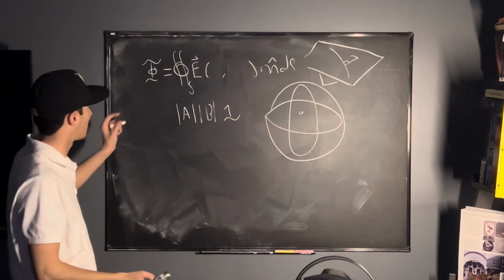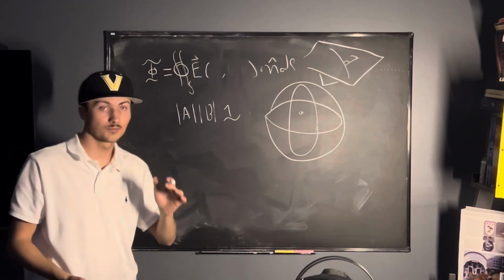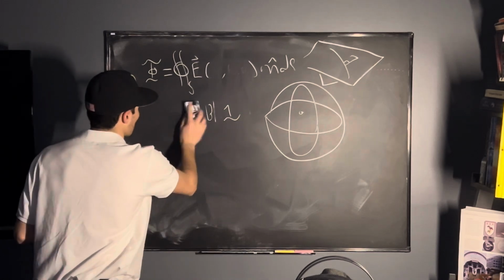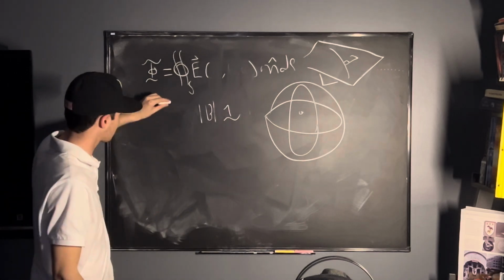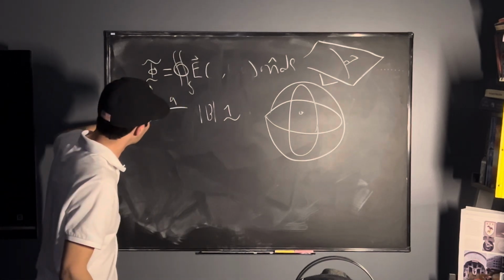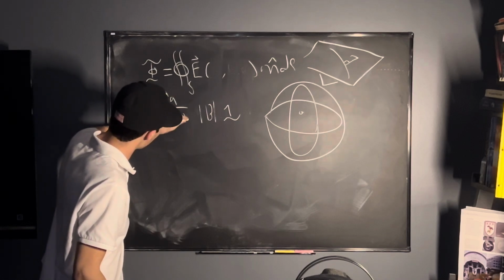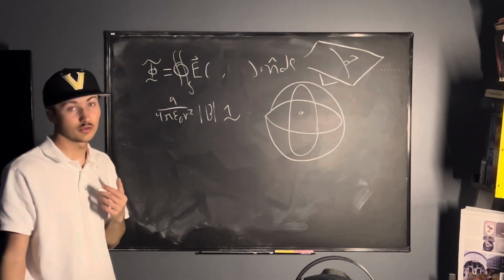And if we're talking about the force, because, well, the electric field, then what we're going to do is put in Coulomb's law right here. Coulomb's law minus the charge. So we get Q over 4 pi epsilon naught radius squared. And then it would be times the unit radius vector.